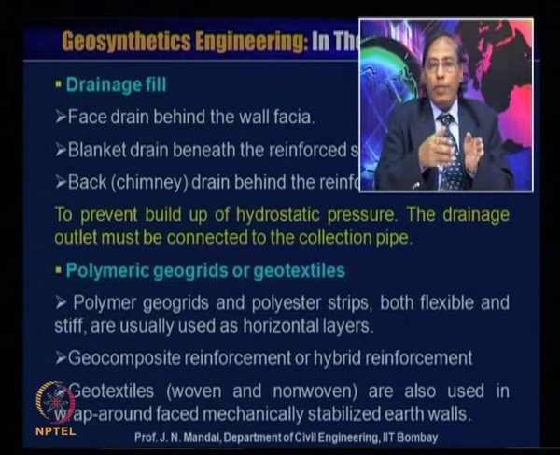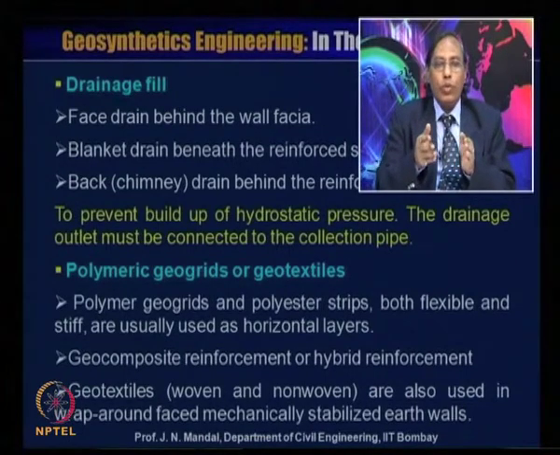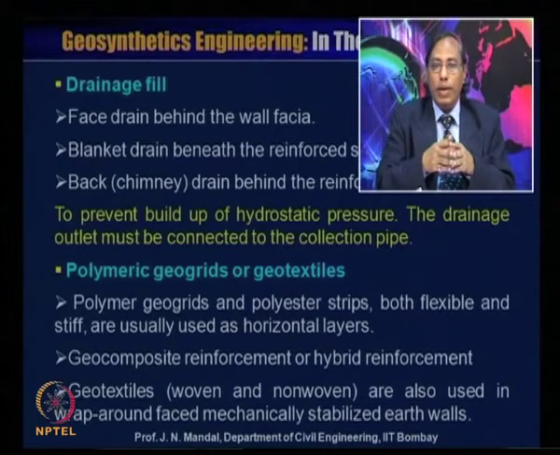Now, geotextile, it may be woven and non-woven, is also used as wrap around face in a mechanically stabilized earth wall. So, you do not need any facing element like the panel or kind of block that you would use with geogrid. Instead of that, in case of the geotextile, whether woven or non-woven, you can simply wrap the face element.